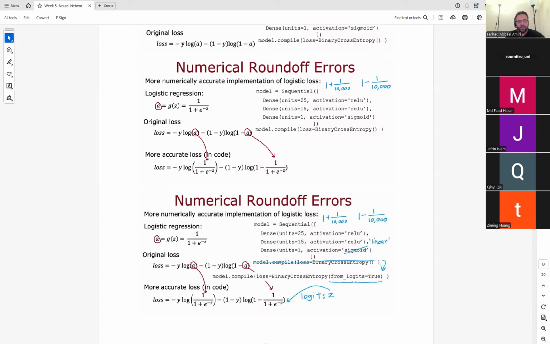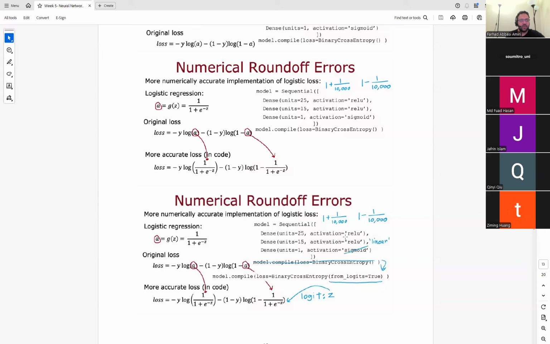What is logits? Logits is actually Z. Logits is equivalent to Z. What is Z? This one here. Instead of calculating the A first as an intermediate value and replacing it here in the loss function, you directly use this equation in the loss function.